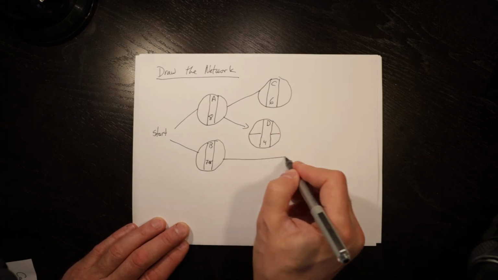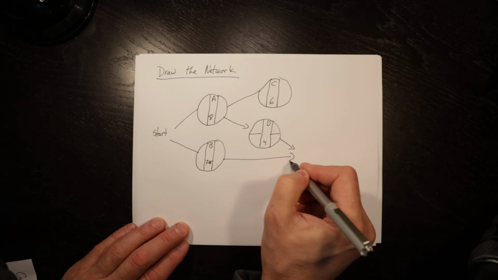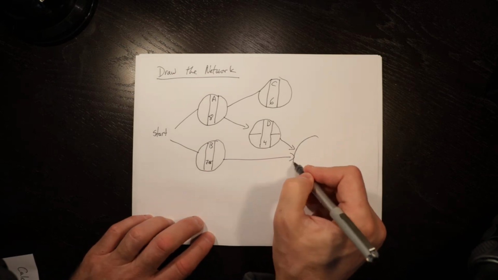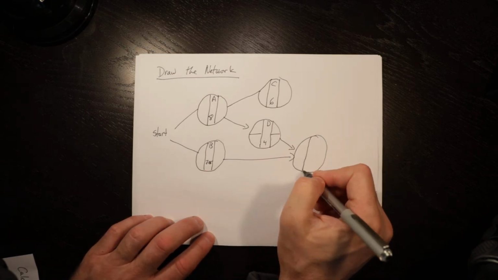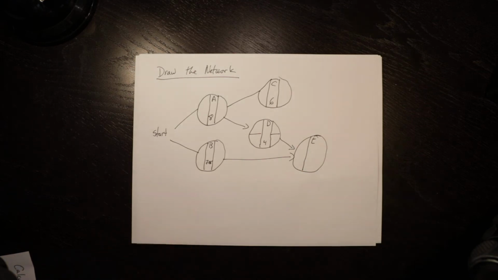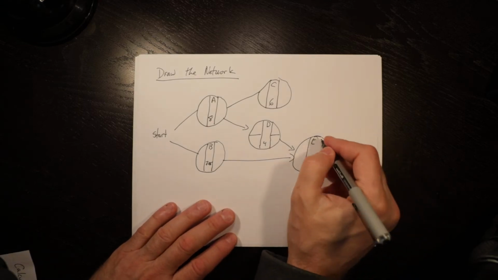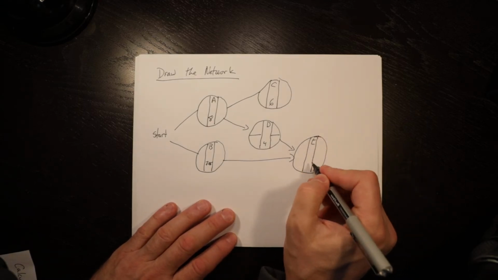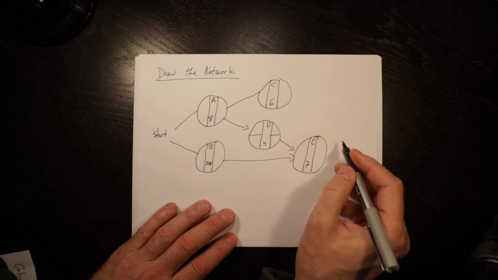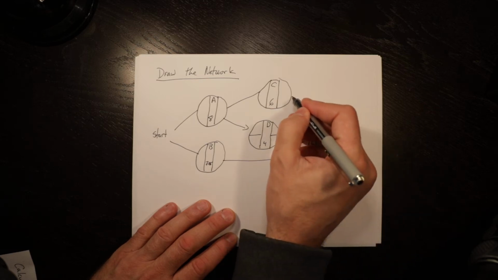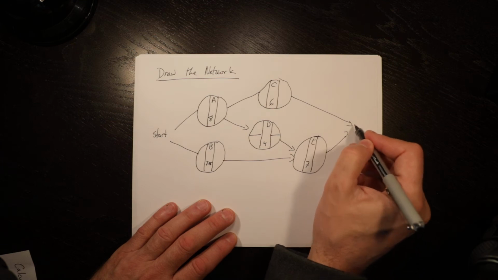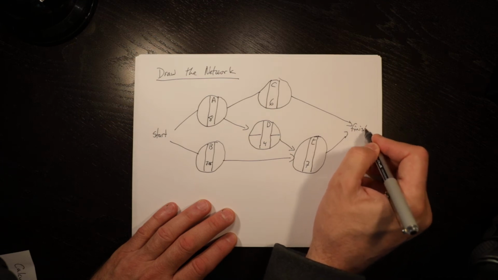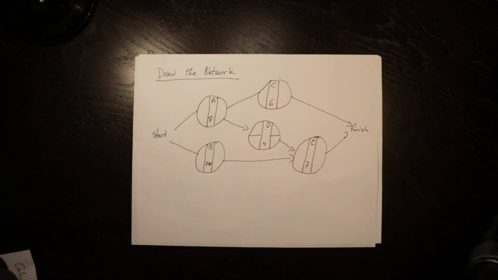And E, which is preceded by both B and D, has an expected time of 7, and that is it. The rest go into the finish node. So we have then the network.